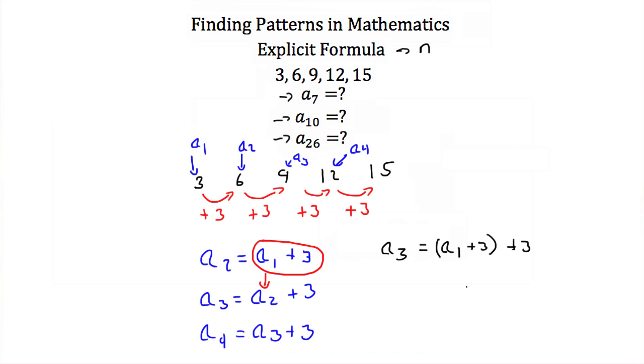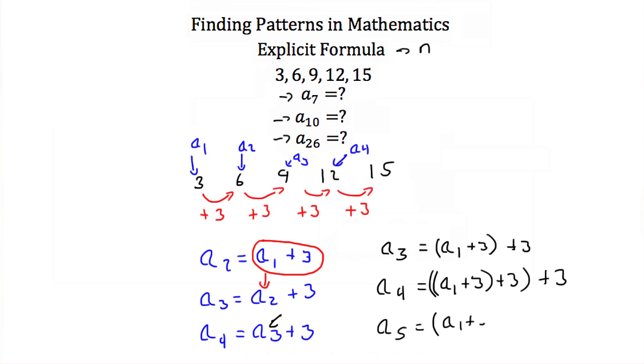If I took this value for A3 and I plugged it in here for A4, I'd find out that A4 is equal to A1 plus 3 and plus 3. We could keep doing this. This is A5. That's equal to A1 plus 3 plus 3 plus 3 and plus 3.